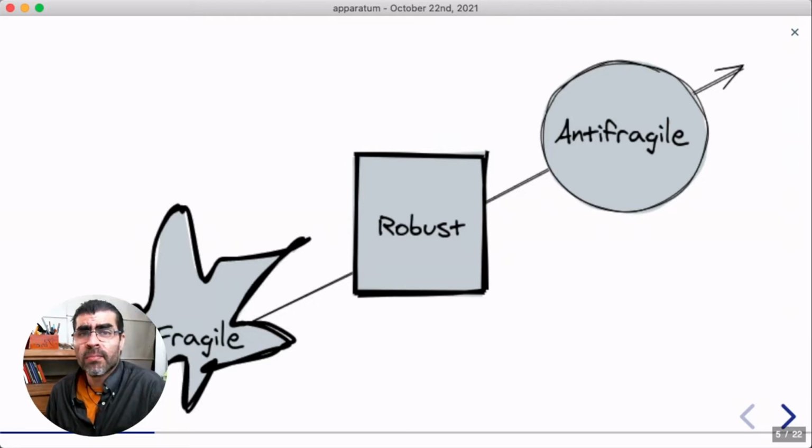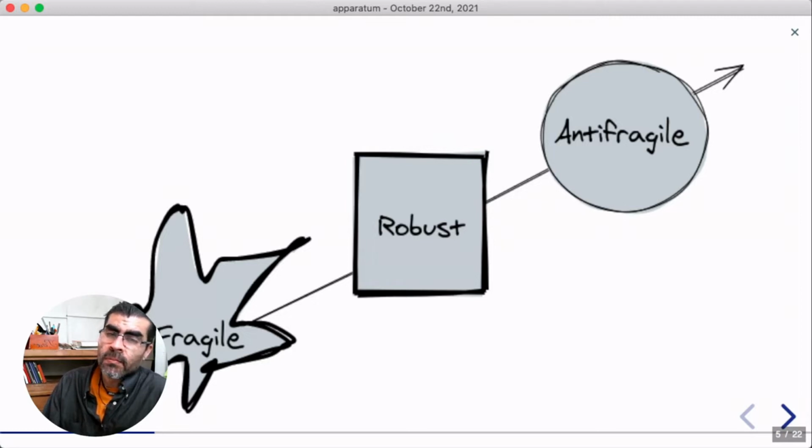So, for example, your muscles, your bones, your body: if you stress them enough, your muscles grow, your bones get stronger. If you don't apply any kind of stressors and you stay all day in bed, your muscles and your bones are going to become fragile. They are going to be weak.